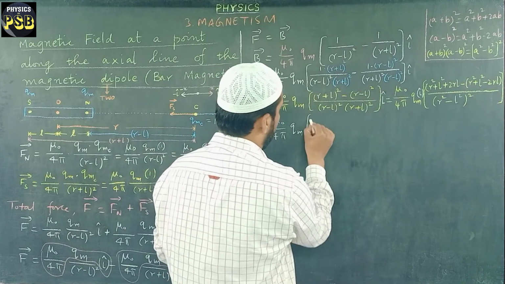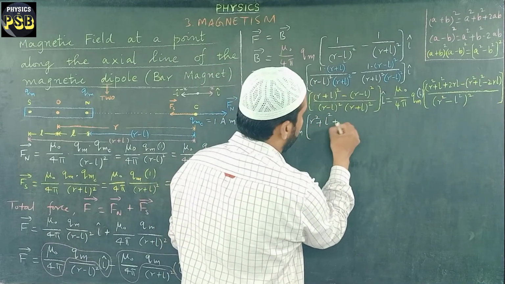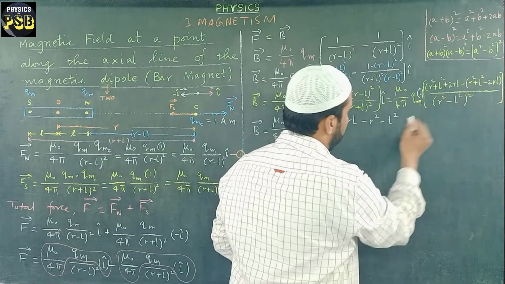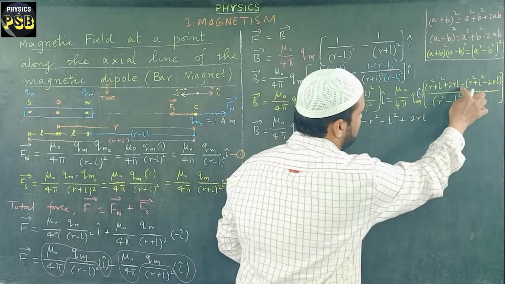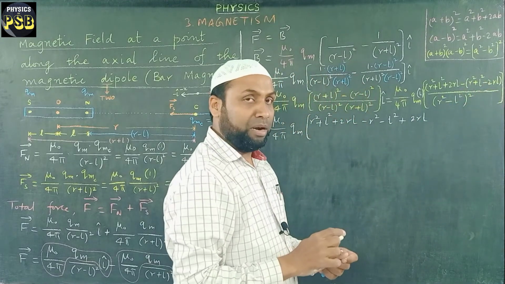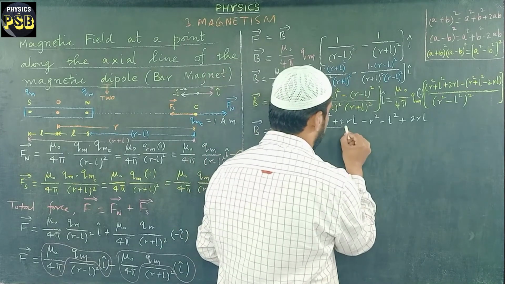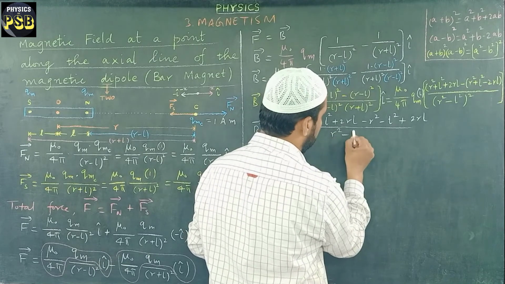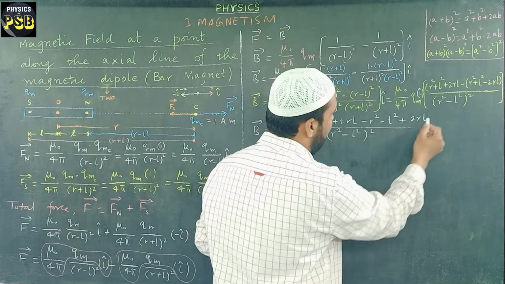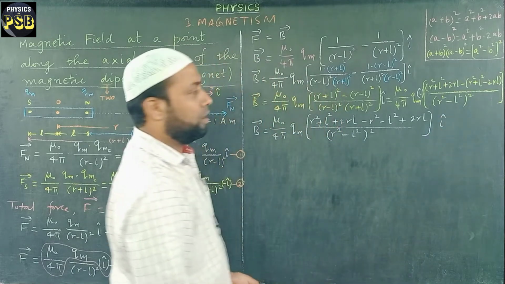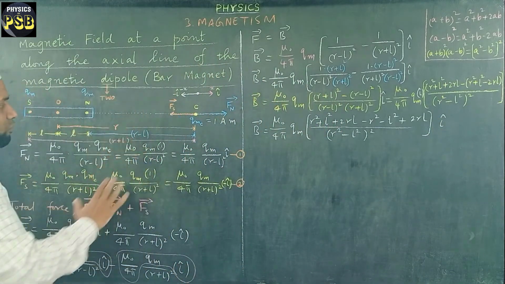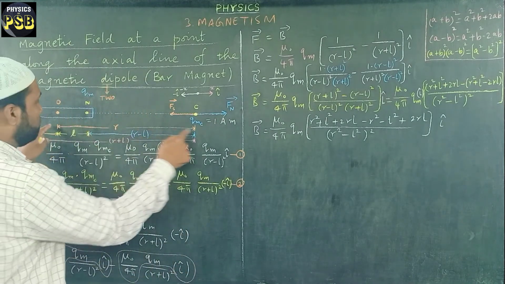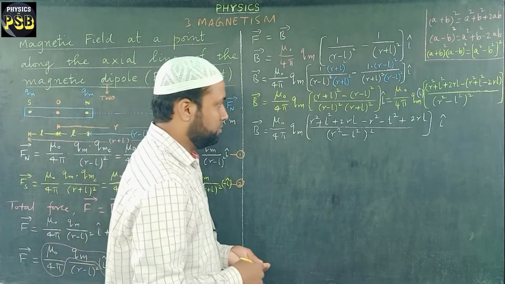So r square plus l square plus 2rl minus r square minus l square plus 2rl, as minus multiplied with minus gives a plus, divided by r square minus l square to the whole square, and here i cap. And if you look at the diagram carefully, you may find that the value of l is too small compared to r. Clear?